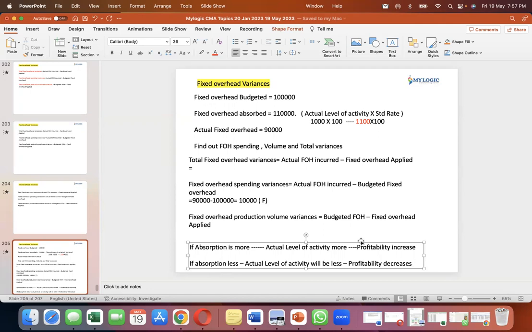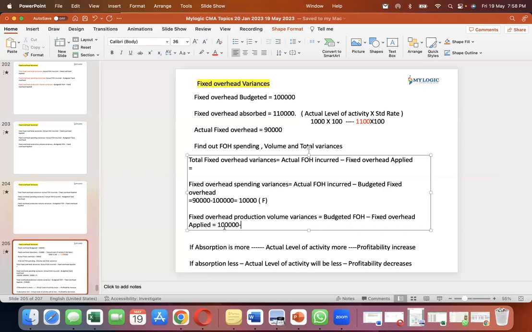You getting what I'm trying to say? So if absorption is less, profitability decreases, is it favorable or unfavorable for business? Unfavorable. If absorption is more, profitability is more, is it favorable or unfavorable? Favorable. Now come back here. What is my budgeted overhead? 1 lakh.